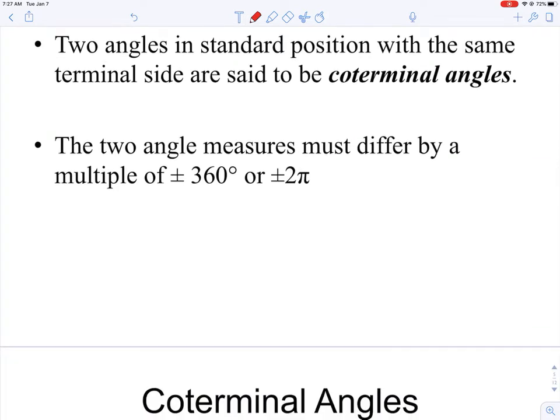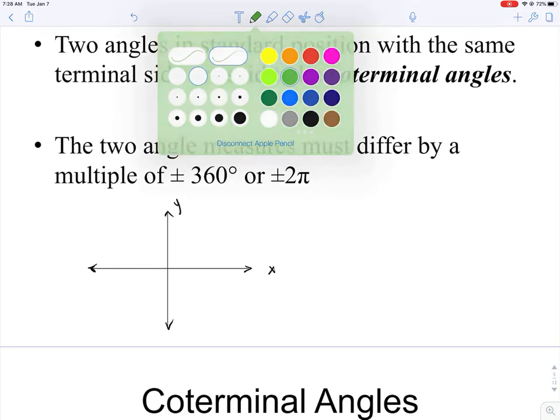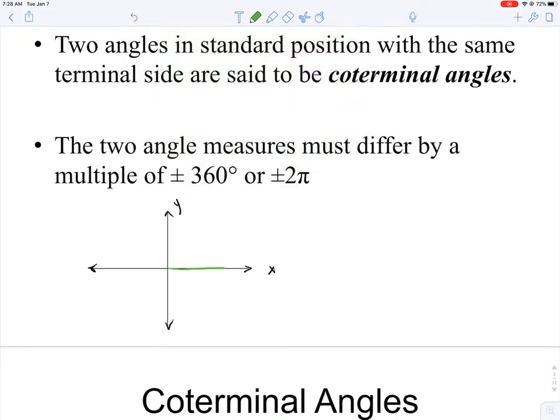So I'll draw another example of coterminal angles. So this is the x-axis and y-axis. I'm going to draw, how about 60 degrees? This is just a sketch.